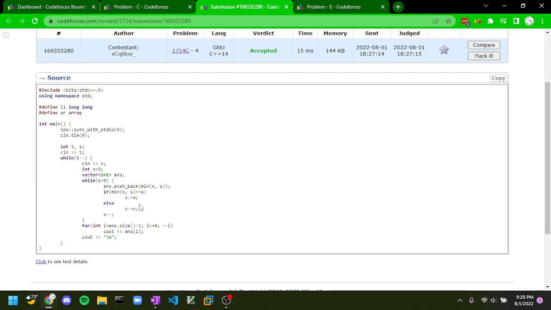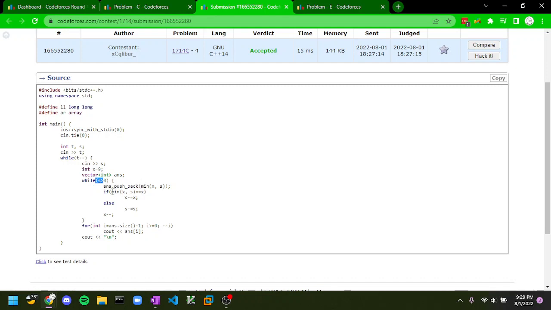And yeah, what I do is while x is larger than 0, I push back into the vector the smallest number, either s, which is the current value, or x. And x is set to 9 because that's the largest I can put.